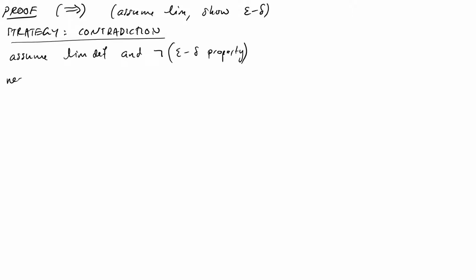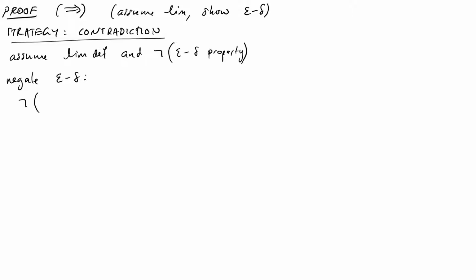So to negate epsilon-delta, that looks like that. So we're going to take the negation. I'm going to do this in symbols because it's way easier to do if we do it in symbols rather than trying to wordify it all out.